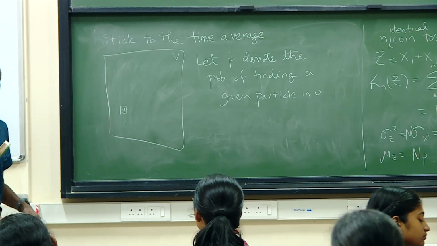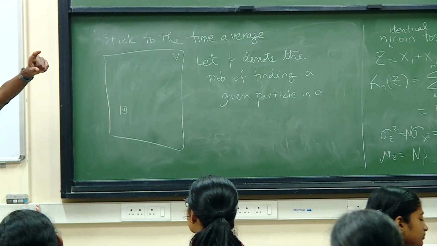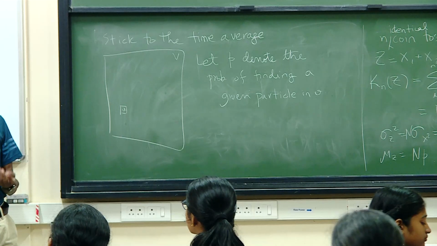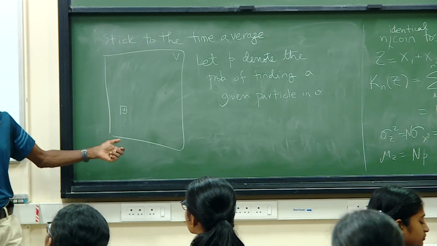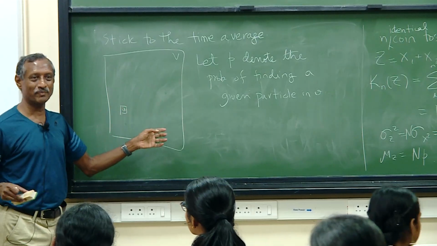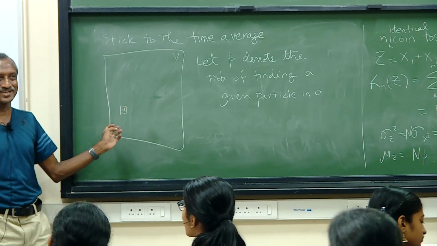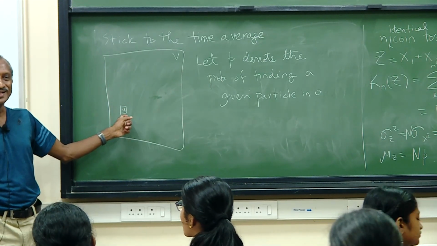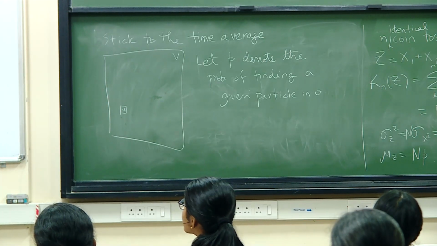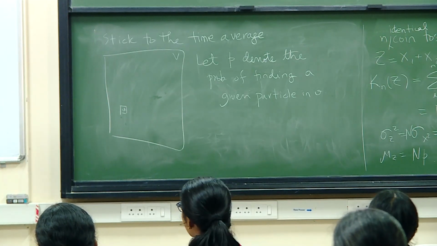Yeah. She says 1 by 2 and you're saying v by V. Because this is so small, this is one of those cases where it is not a fair coin toss. The chances of not finding the particle inside are much larger than of finding it inside, because this is very small. We are going to assume that v by capital V is like 10 power minus 10, some very small number.